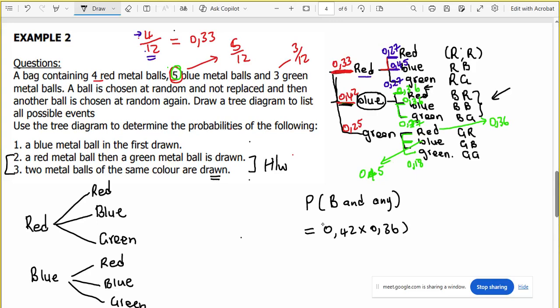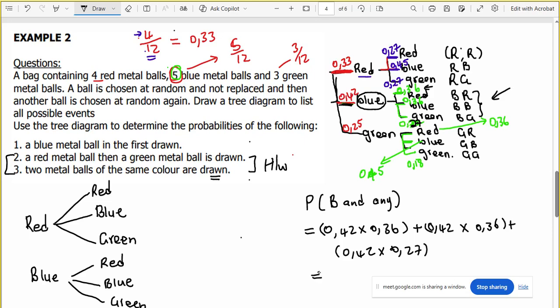Then you add the probability of the second one, because all of those start with blue. So it's going to be 0.42 multiplied by 0.27, because this is 27, okay? Yes. So this will be 0.27.